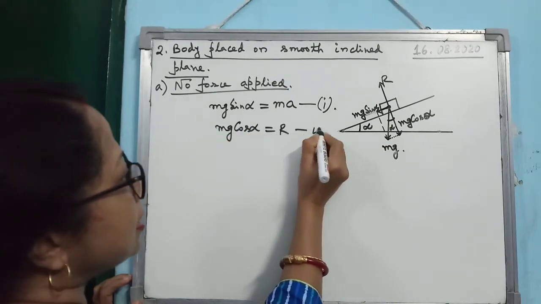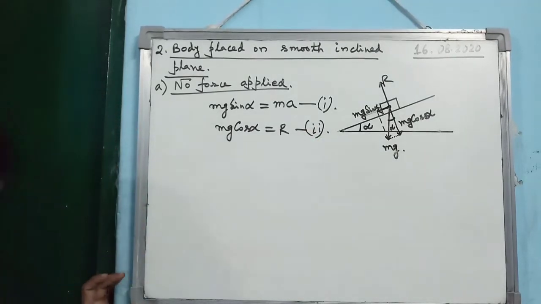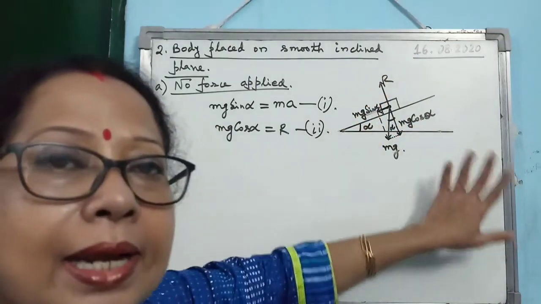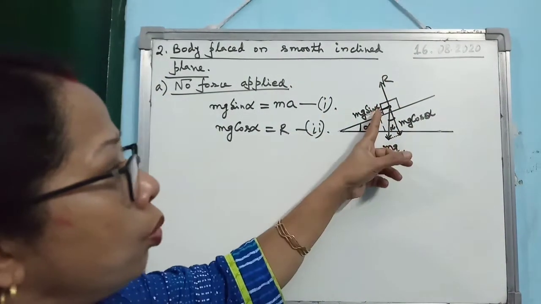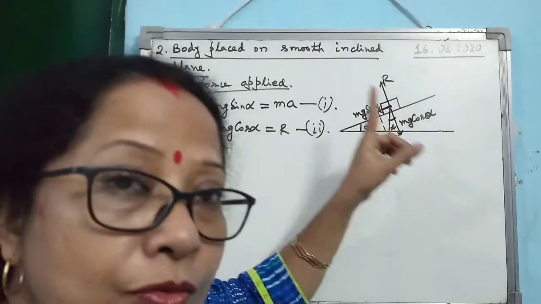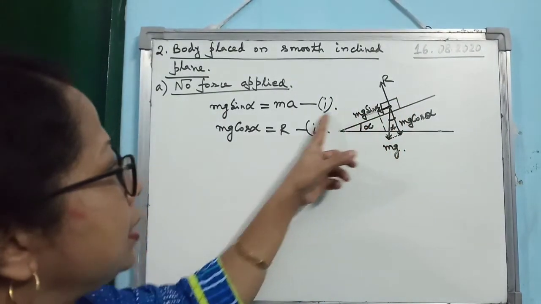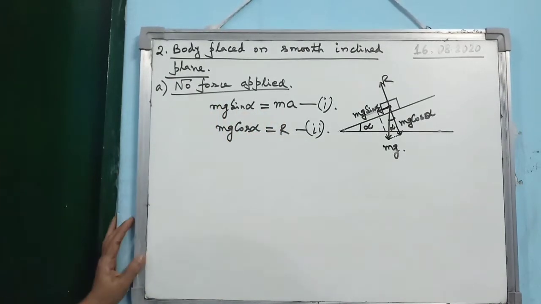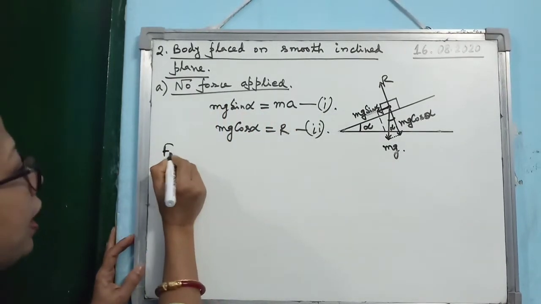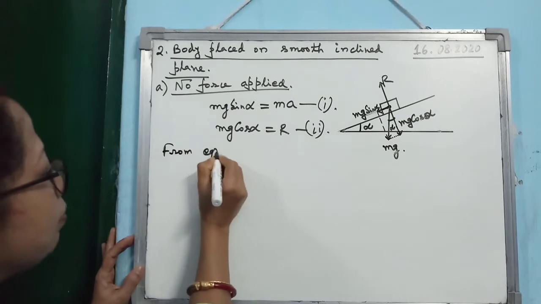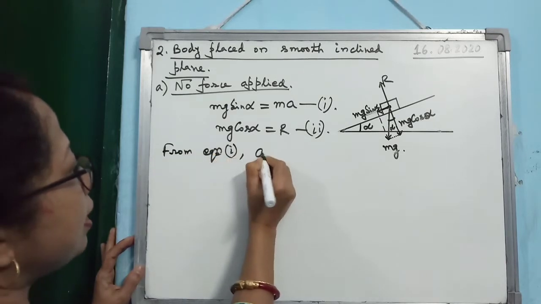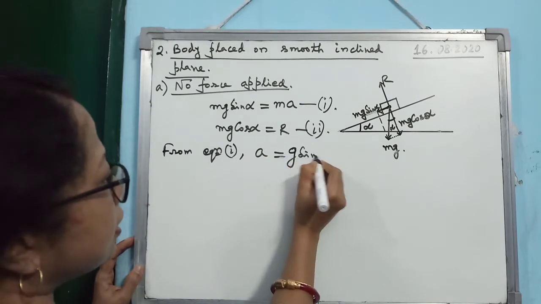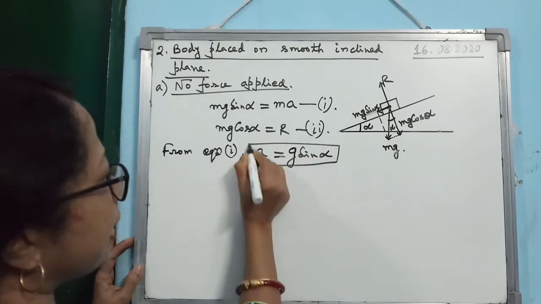Is that clear? In this case you have not applied any force. Due to one component of its own weight, the body will slide down, and what will be the acceleration? From equation 1, m you can cancel, so acceleration will be equal to g sin alpha.